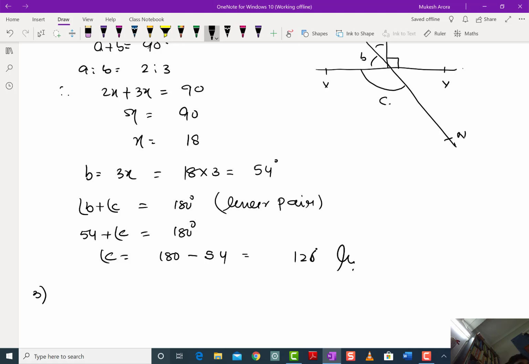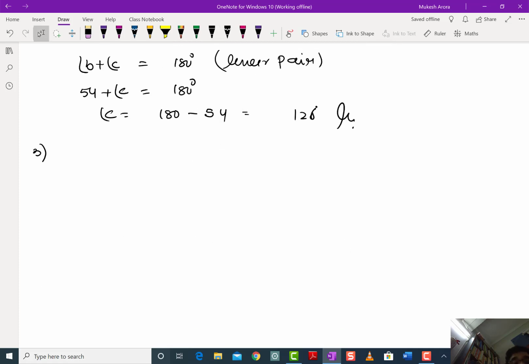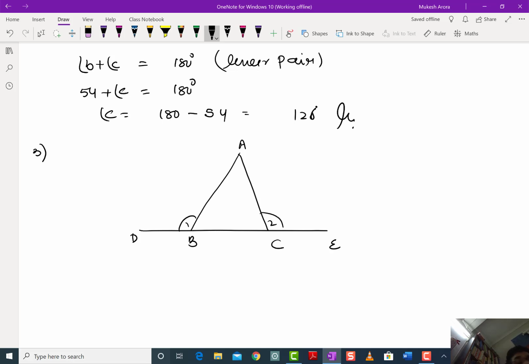Next question is 3. In a triangle ABC, D and E, given that angle ABC is equal to angle ACB, prove that angle 1 is equal to angle 2.